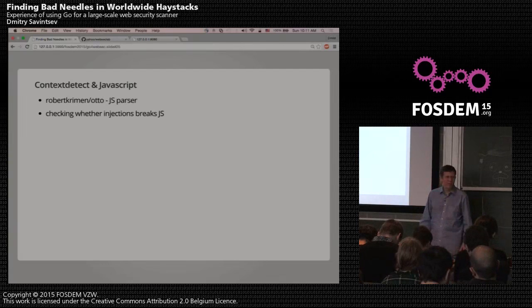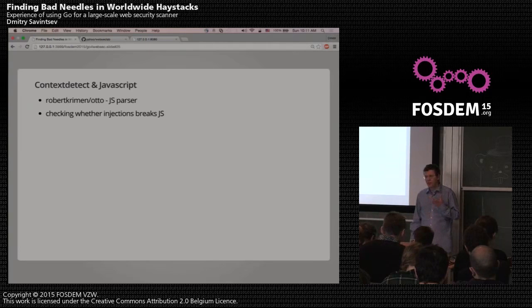We also use the JavaScript parser from Robert Krimen to check whether an injection breaks JavaScript or not. We've seen the example previously, an injection in JavaScript. Usually when you're sending the fuzzing string, you're not sending just some numbers or alert, but special characters. If it gets injected inside of JavaScript, it usually breaks the block and makes it unparsable.